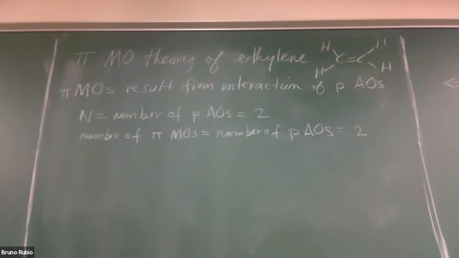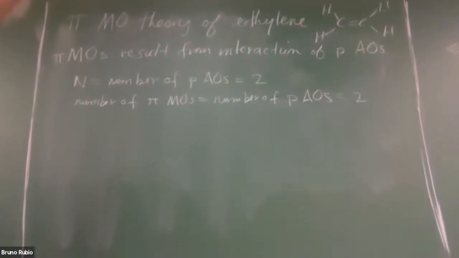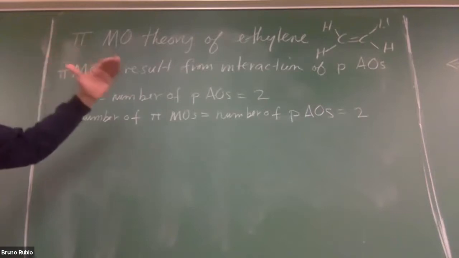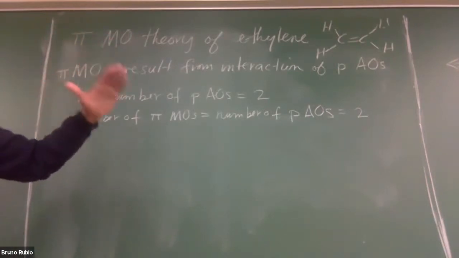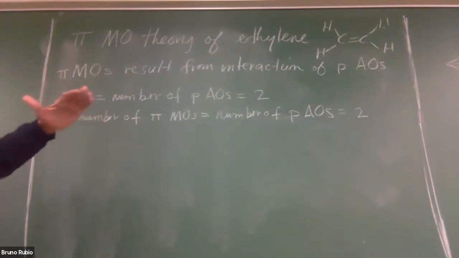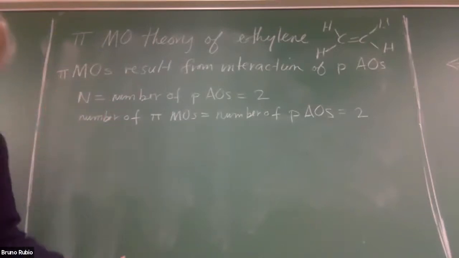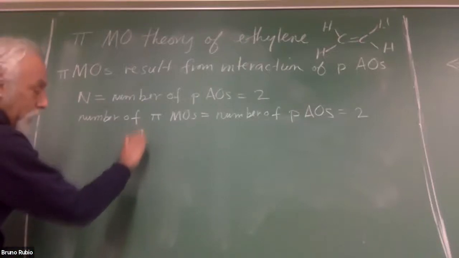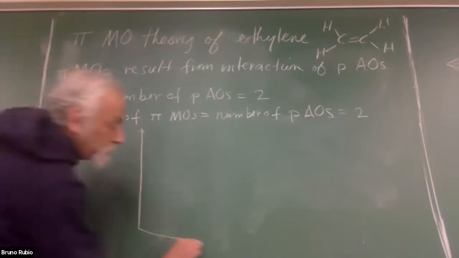And they can be distinguished. These two orbitals can be distinguished in that we're going to have a low energy orbital and we're going to have a higher energy orbital. And how will these orbitals differ? They will differ in the number of nodes that each pi molecular orbital has. So I'm going to draw a little diagram here, energy diagram, right?